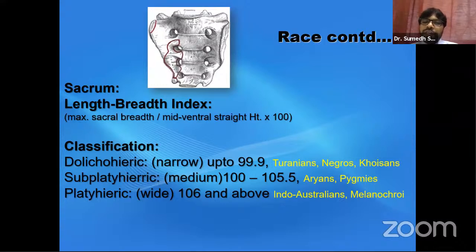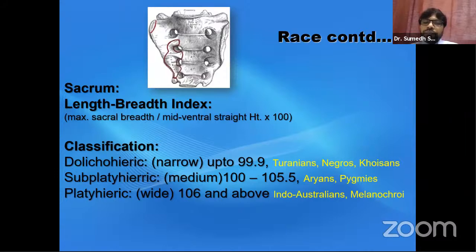Most of the negroid individuals show the android or anthropoid type of pelvis. The anthropoid type of pelvis is represented especially by negroid females. Usually the gynecoid type of pelvis is represented by females, and the android type is represented by males, and that can be identified by the shape of the inlet.